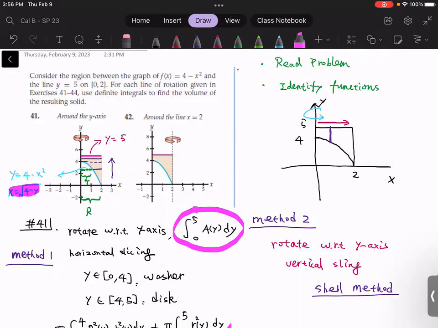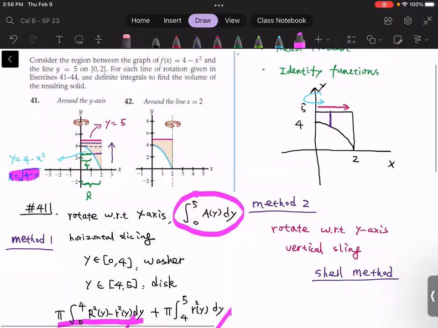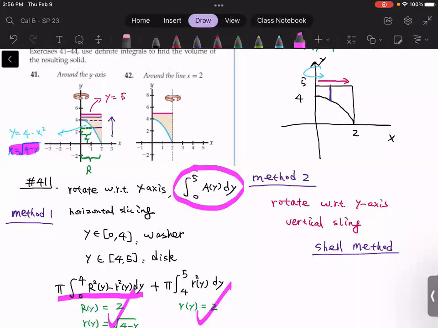Okay, a quick recap. First, we need to understand the picture. Locate the region we need to rotate. Also identify the axis that we rotate about. This is really important, as it will directly affect how we calculate the distance. Then determine whether we are going to apply the disk method or the washer method.